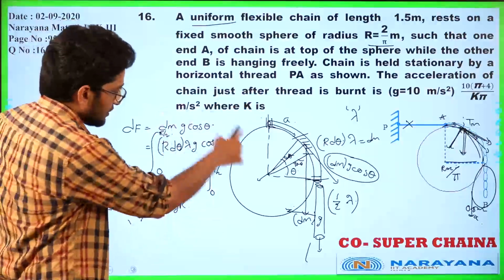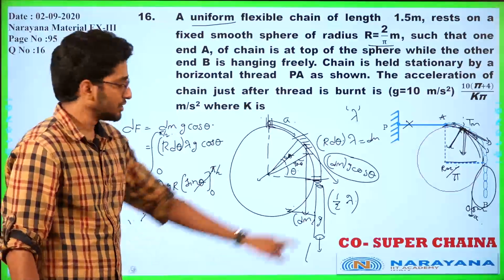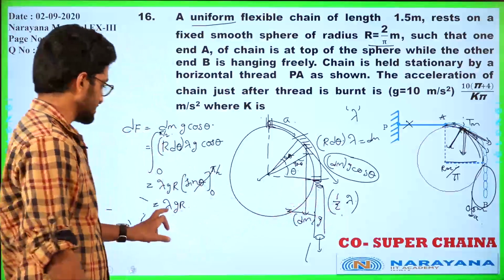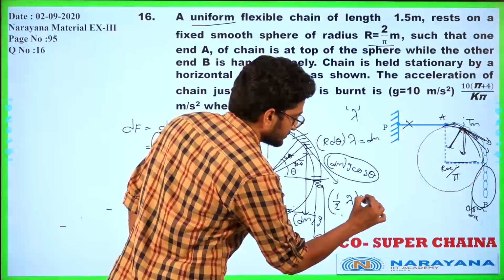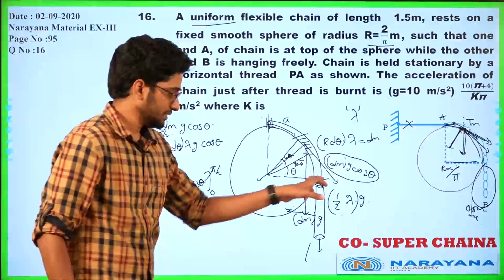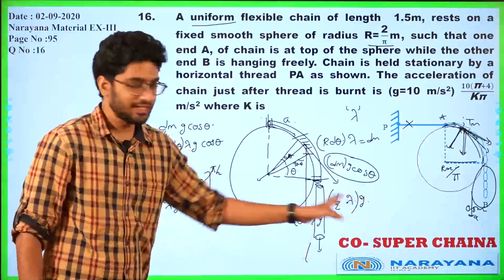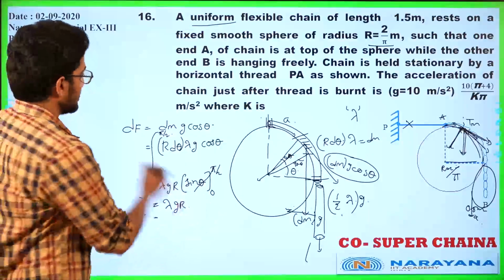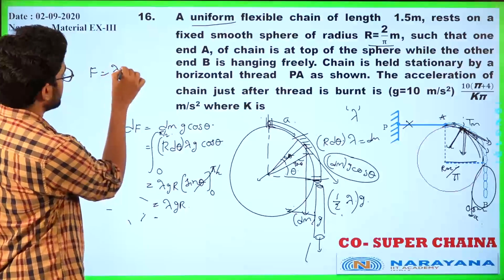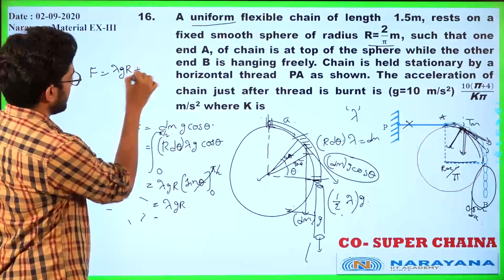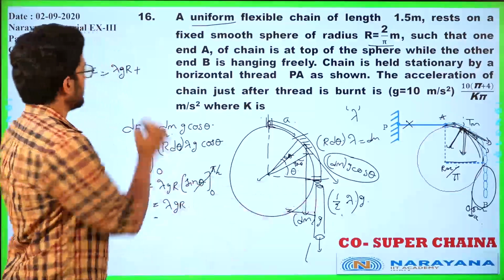So now what's the total force acting along the tangent? Along the tangent, here I have half lambda, plus here I have lambda g r. Sorry, force, into g. This is mass into g, that is the weight acting on this, the force acting on this along the tangent. So the total force along the tangent would be lambda g r plus 0.5 into lambda g.